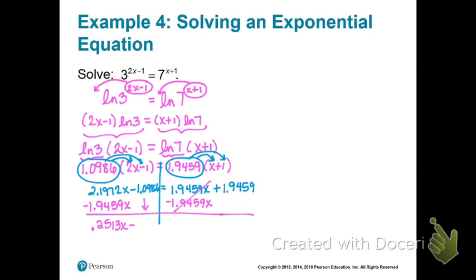Bring down your minus 1.0986 equals, that canceled. Bring down the 1.9459. So I got my x's on the left, so I'm going to move this non-x over here back to the right. So I'm going to add it.